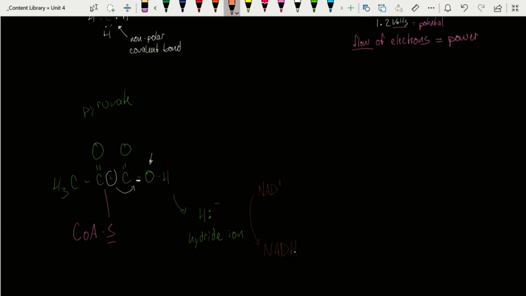I hope you can appreciate what we just did. Pyruvate was just oxidized. I took electrons off of pyruvate, and where did I put them? I loaded them onto this NAD+ molecule to make NADH. So NADH represents the reduced form of this molecule because it's carrying extra electrons. And what else did we get out of it?